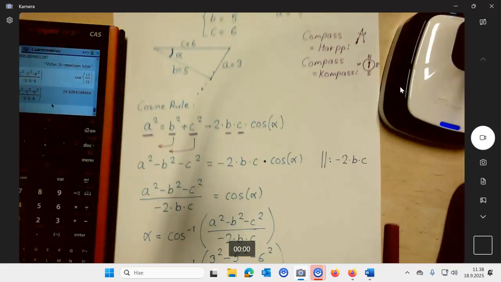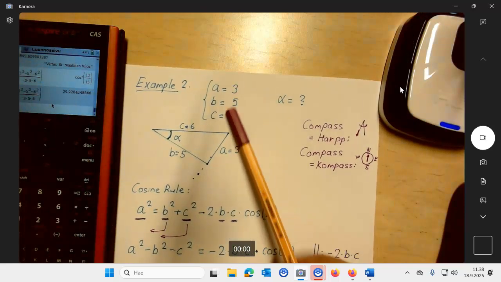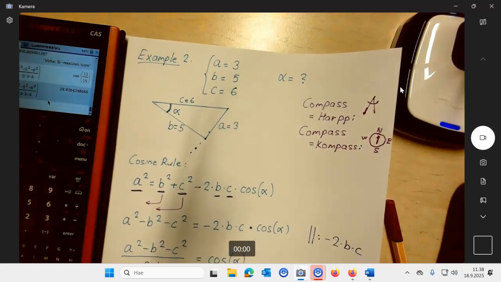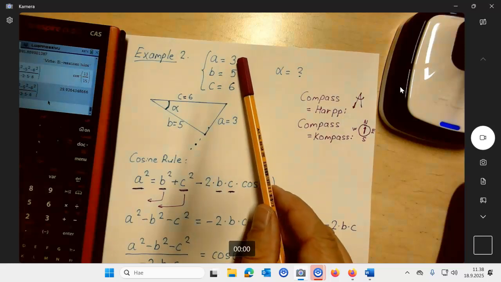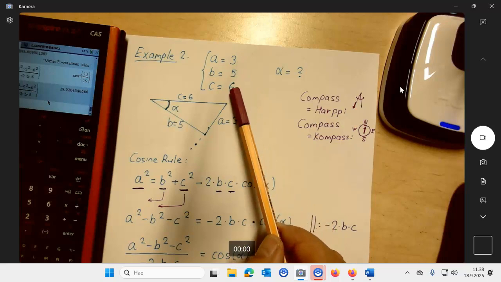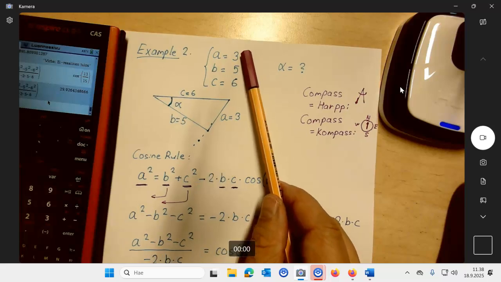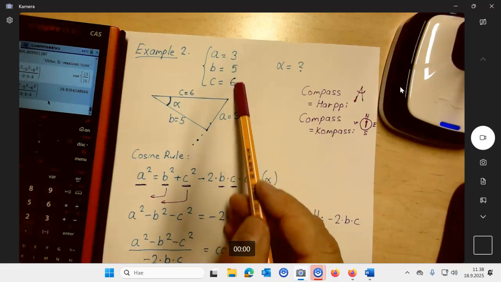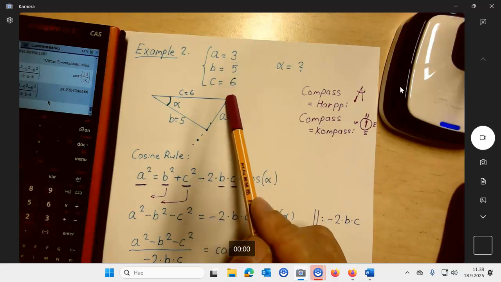In this example, we may think that these numbers are exact numbers. This is quite a boring exercise if we think that, for example, these are meters, and the lengths of sides are rounded to whole numbers in meters. So 3, 5, and 6. In mathematics or physics, we would think that these are only in the precision of one number.